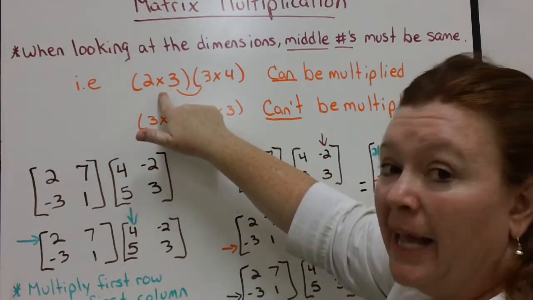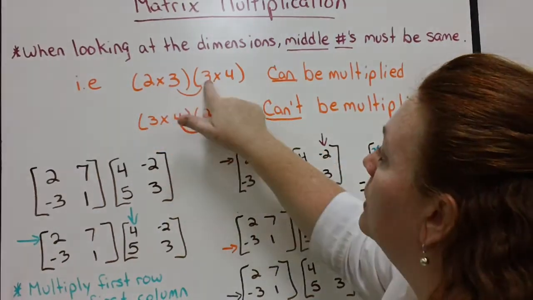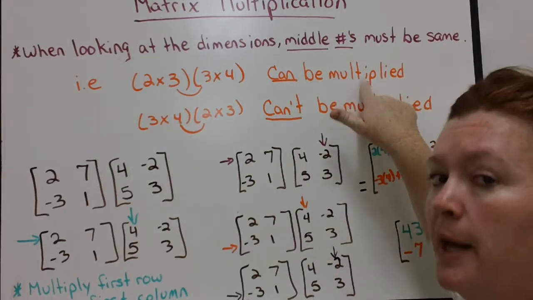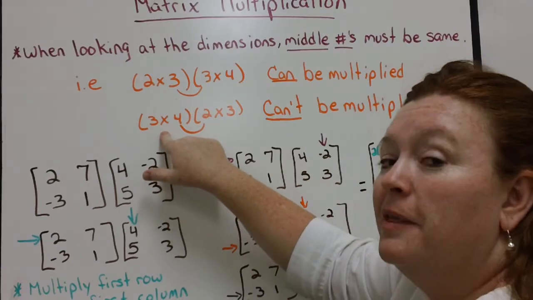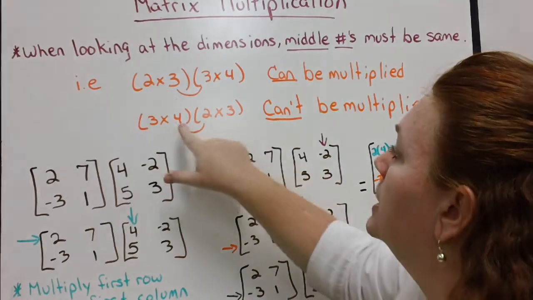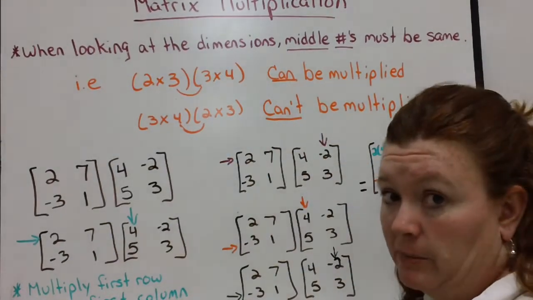If I'm multiplying a 2 by 3 matrix by a 3 by 4 matrix, these two middle numbers are both a 3, so that can be multiplied. But if I switched places and multiplied the 3 by 4, then times the 2 by 3, order is very, very important. These middle numbers don't match anymore, and it cannot be multiplied.